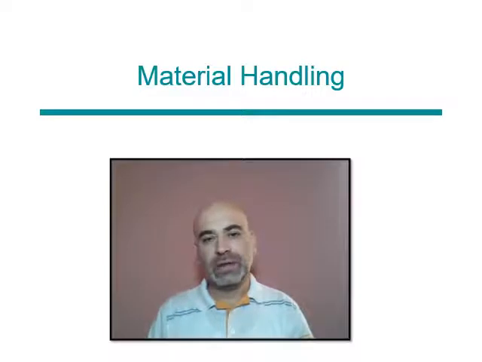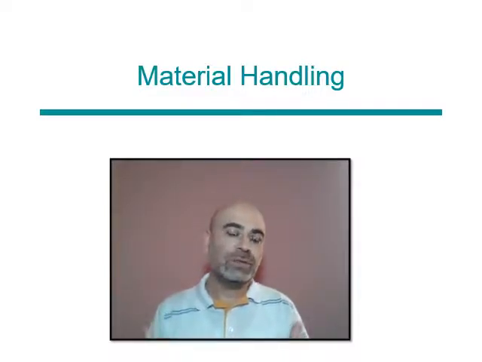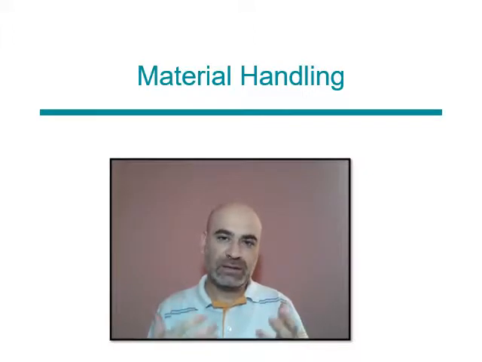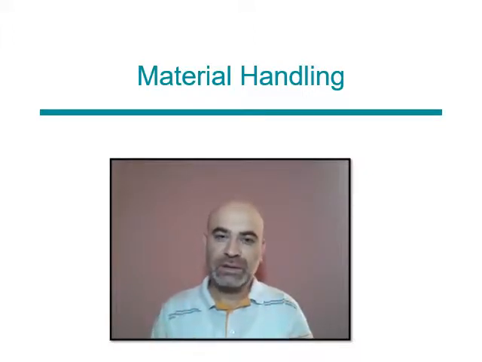Then you need to know what kind of material handling systems or devices you are using so that you can arrange those aisles between the departments, the entrances of the departments, and so on. All those things are important.